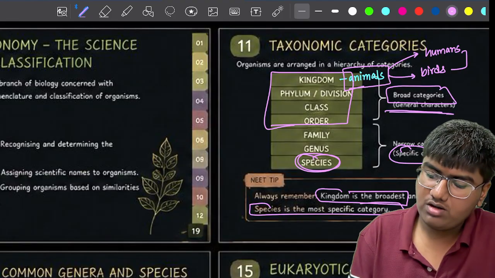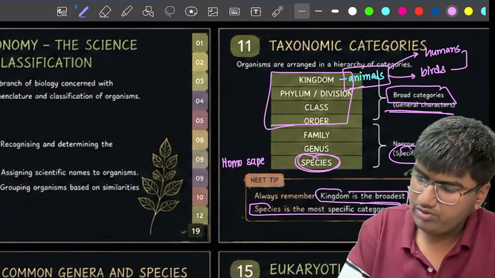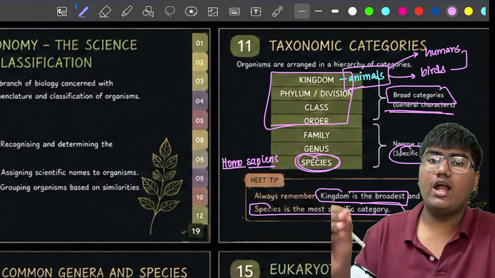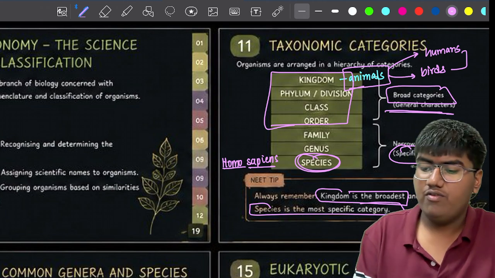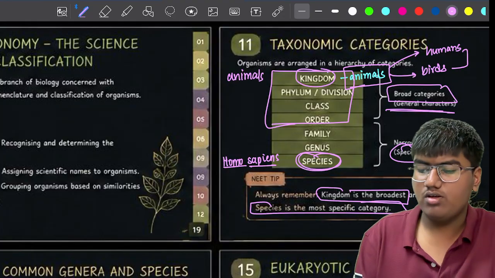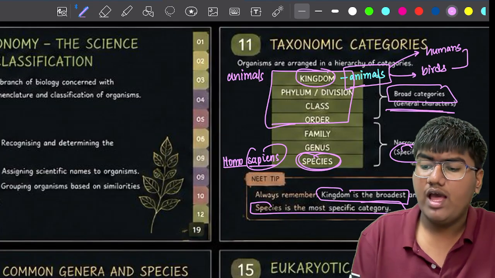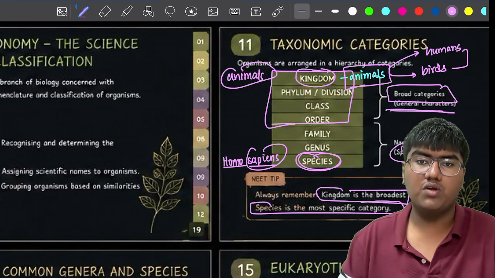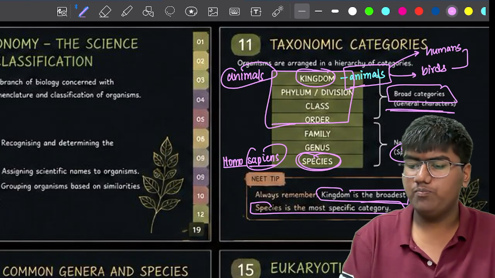If I say Homo sapiens, I refer to humans only, and the characters are very specific to humans, not related to birds. If I say animals and sapiens, the broader one is animals, that is the kingdom, and the more specific one is sapiens, that is the species.